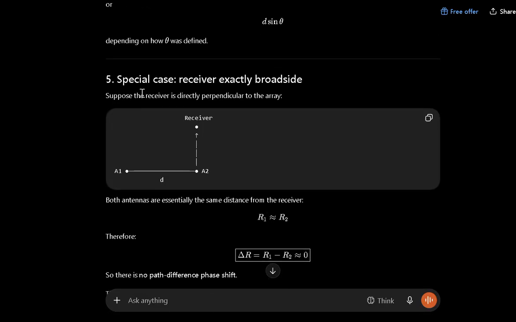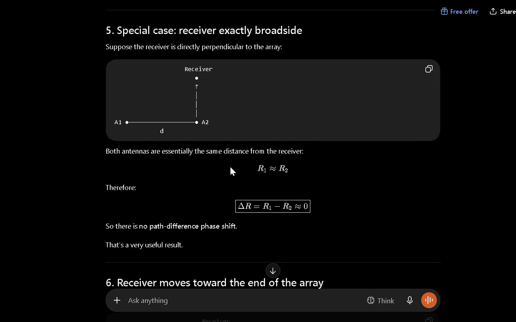Special case: receiver exactly broadside. Suppose the receiver is directly perpendicular to the array. Both antennas are essentially the same distance from the receiver, so R1 minus R2 equals 0, and there is no path difference. That's a very useful result.